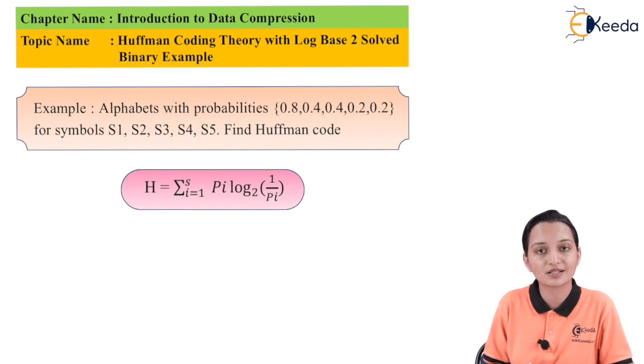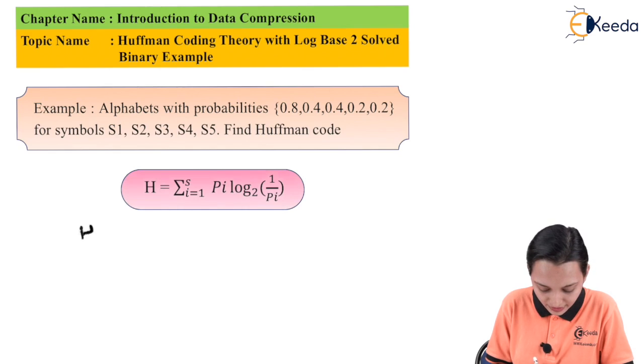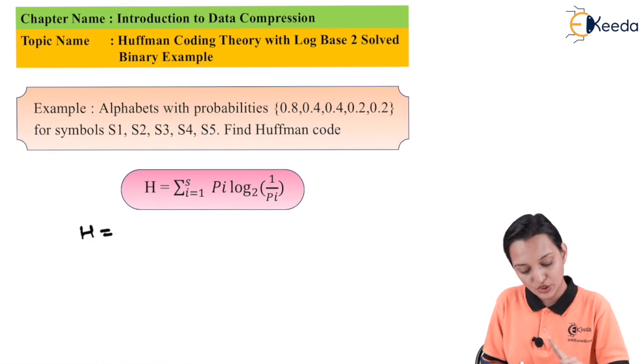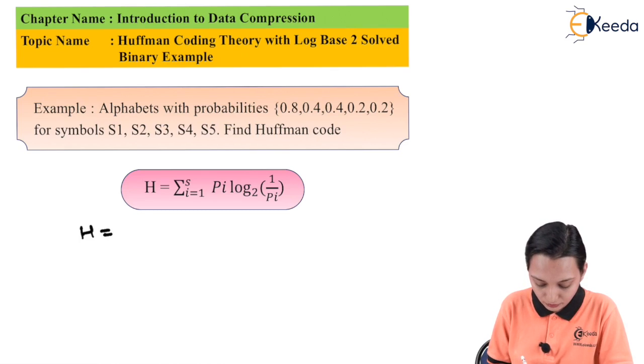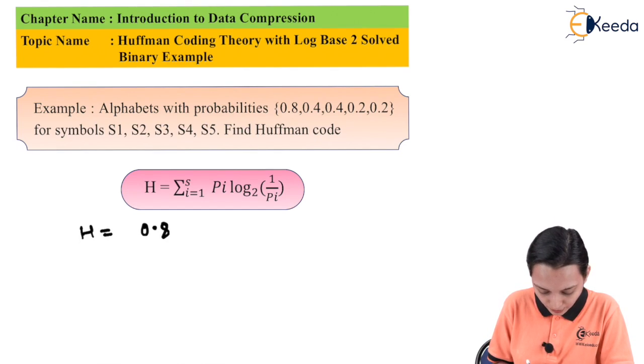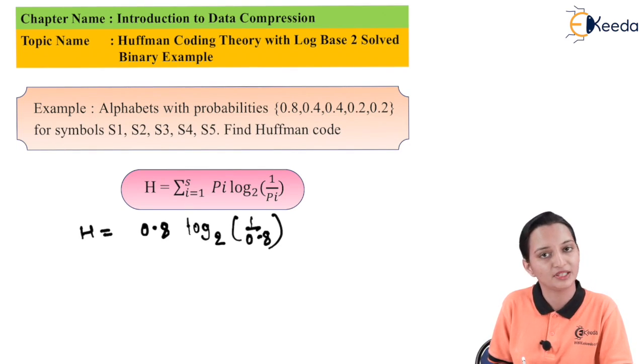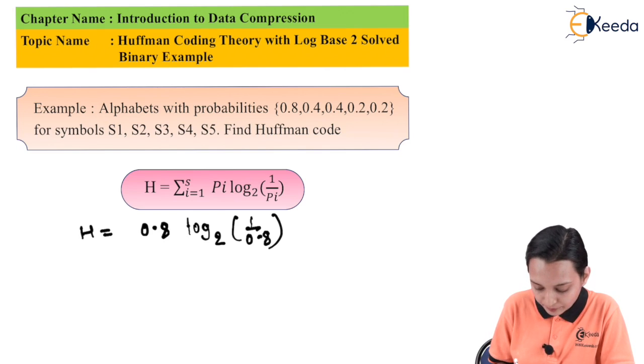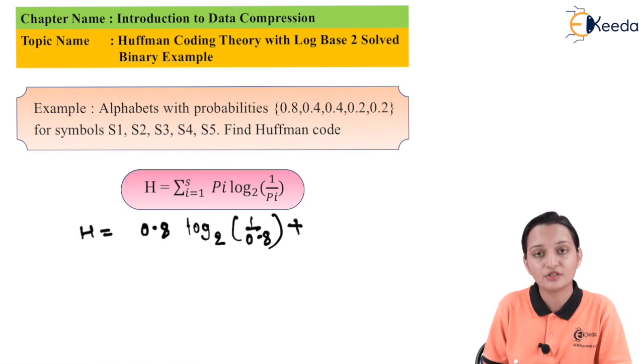So H first is entropy. How to calculate it? H is the sum of probability times log to the base 2 of 1 over probability. For the first symbol S1, what is the value of probability? 0.8. So 0.8 log to the base 2 of 1 divided by 0.8. Simply, this will be the answer for the first symbol. Plus, the next two probabilities are the same, 0.4, 0.4.